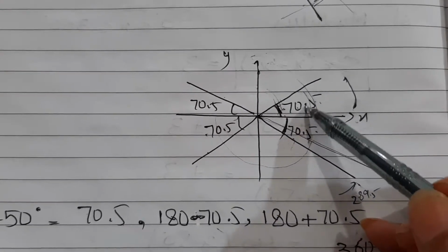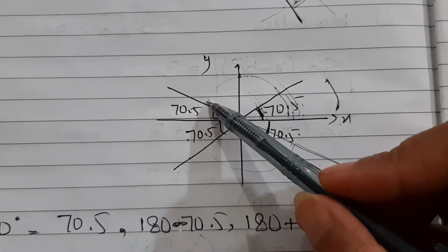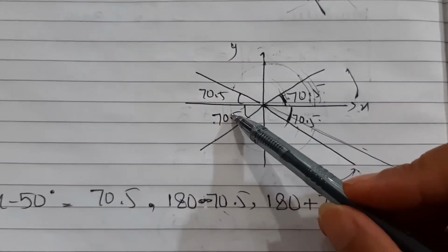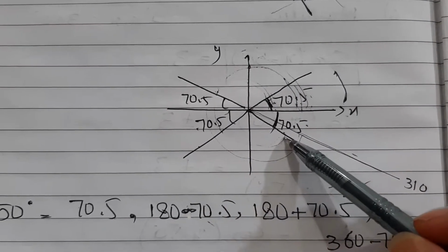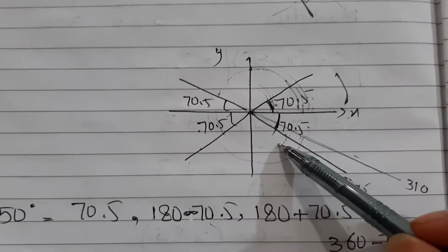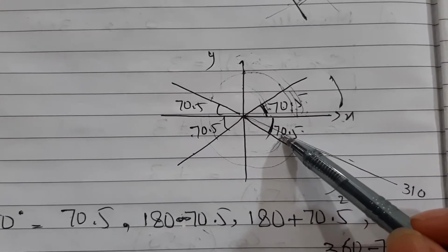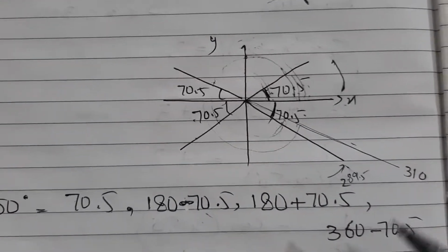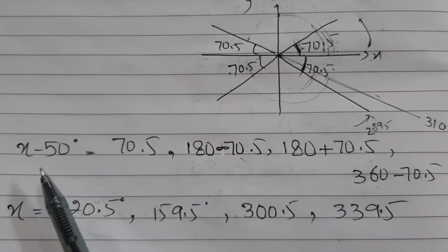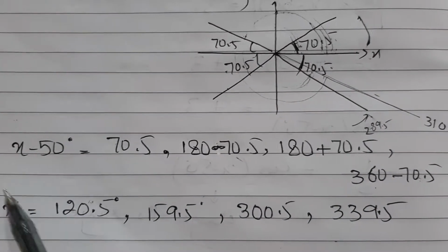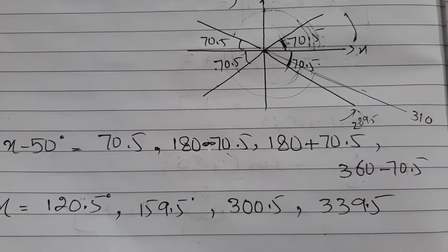So my one answer will be 70.5, the other will be 180 minus 70.5, then 180 plus 70.5, and then I will come all the way till here, where it will be 360 minus 70.5, and then I will stop at 310, right? So these are my 4 angles, and I will simply put them equal to x minus 50 and then add 50 to each one of them. So this will give me 4 answers.